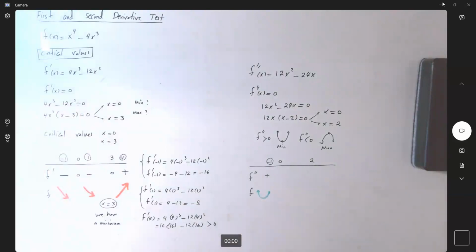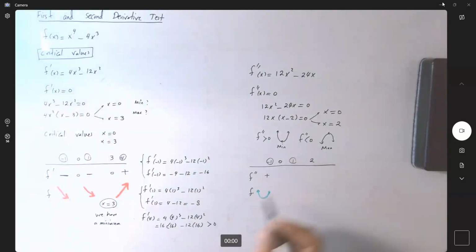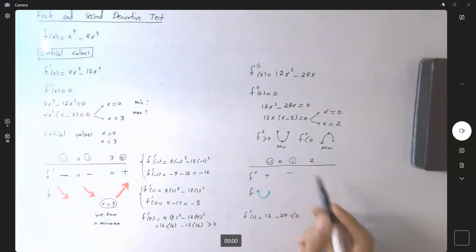Concavity upward. Well, if you plug in a positive number like 1, the second derivative at 1 is going to be 12 minus 24, which is negative. So it starts concaving down.